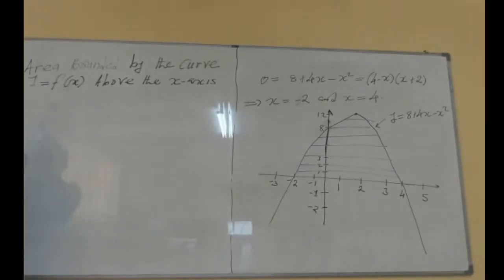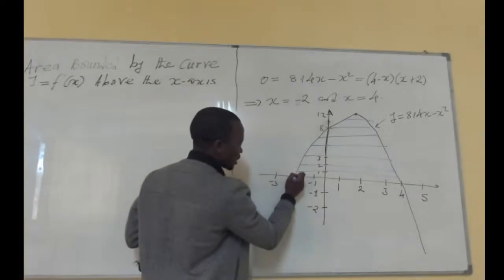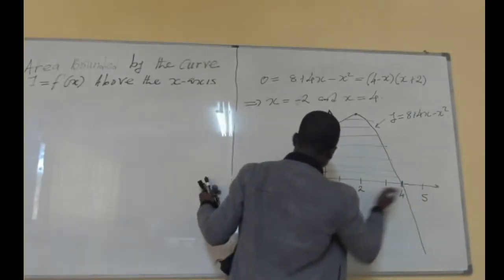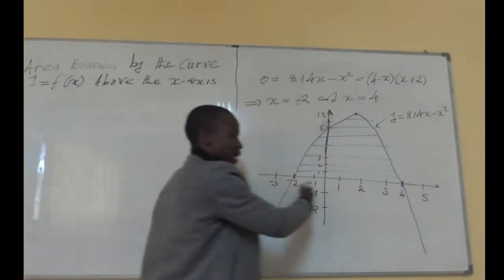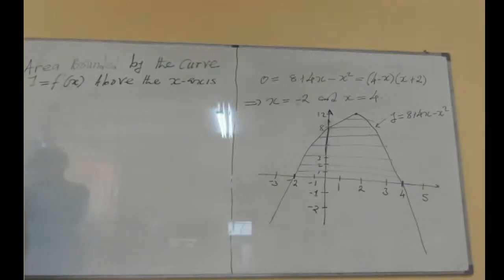Having found the limits of integration, x equal to negative 2 and x equal to 4, the area bounded by that region, I'm using capital A, the symbol for area.